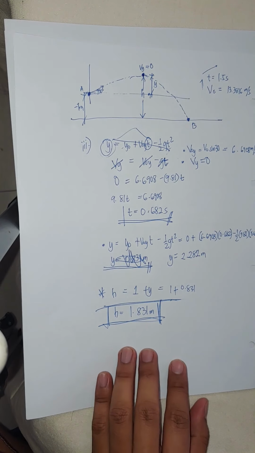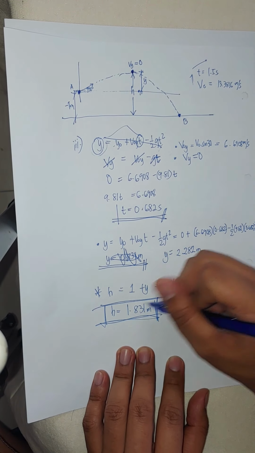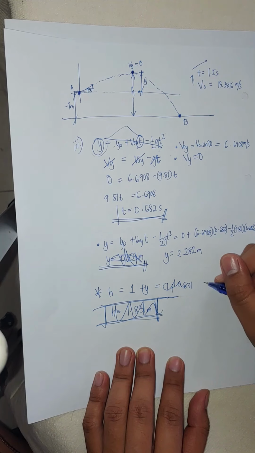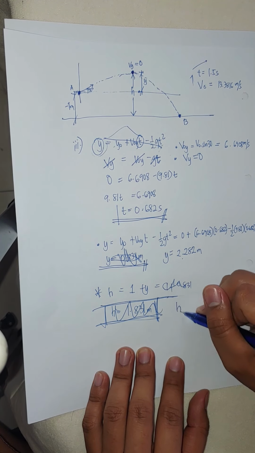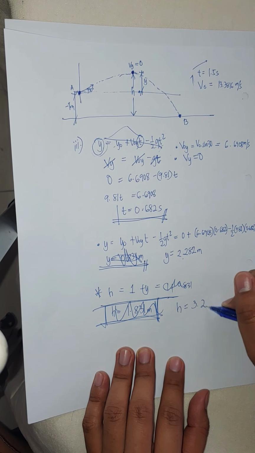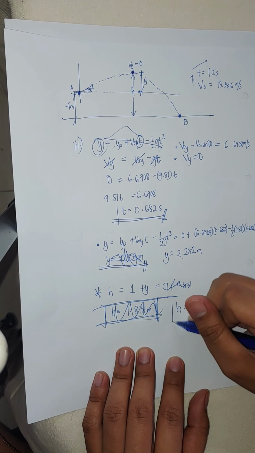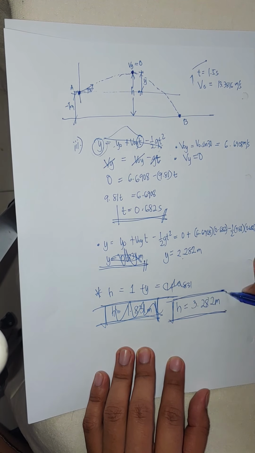Okay. So if we substitute it here, 1 plus y, then our total height is equal to 3.282 meters.